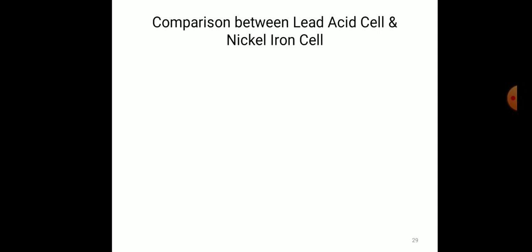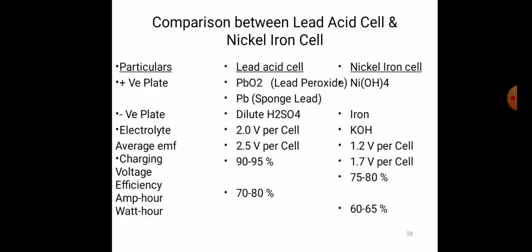You can see the first column provides the particulars, the second column is the lead acid cell, and the third column is the nickel iron cell. Particulars means the parameters dealing with the cells. Positive plate, negative plate.